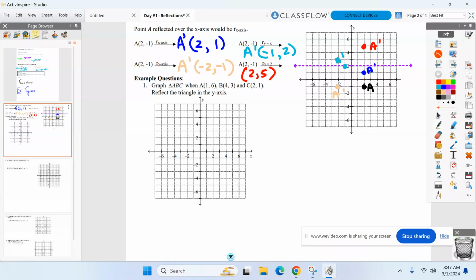All right, time to do one on your own now. You're going to take triangle ABC, and reflect A, B, and C in the y-axis for me. The y, not the x, the y. Y-axis. So graph it.